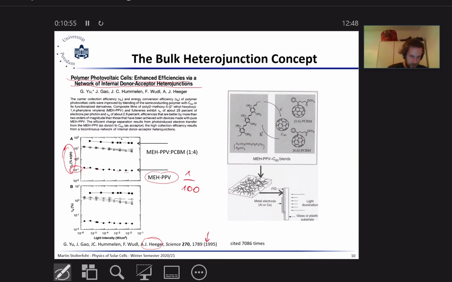And this is increased, at short circuit, to around 50% collection in such MEH-PPV:PCBM organic semiconductor blends. So this is the collection efficiency. There was a huge increase in the probability to collect free charges.